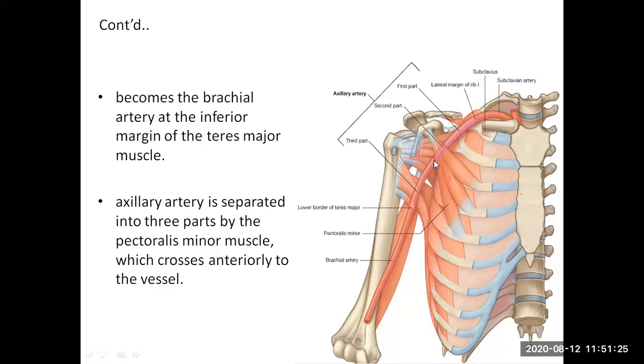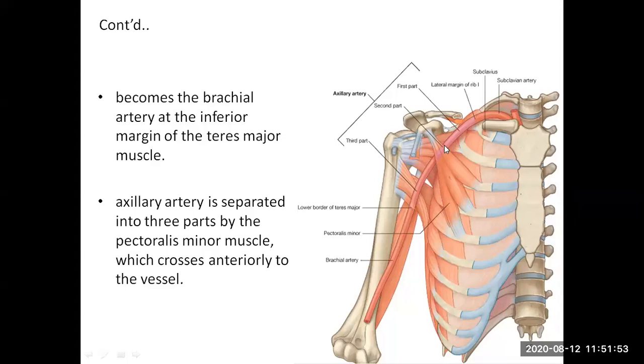From the lower margin of the pectoralis minor up to the lower border of teres major is the third part. For the convenience of our study and practice, in relation to the pectoralis minor muscle, the axillary artery is divided into three parts.